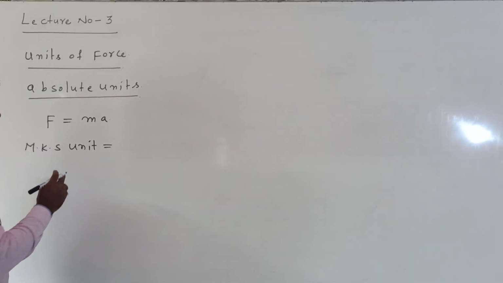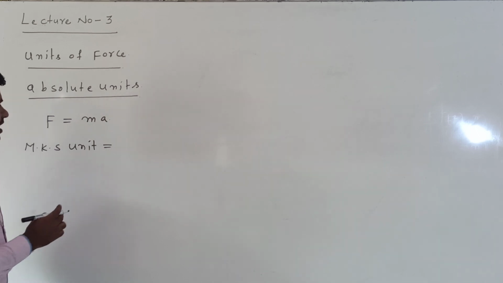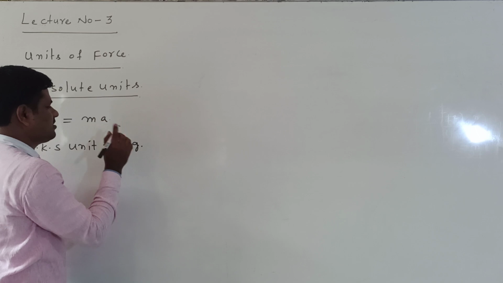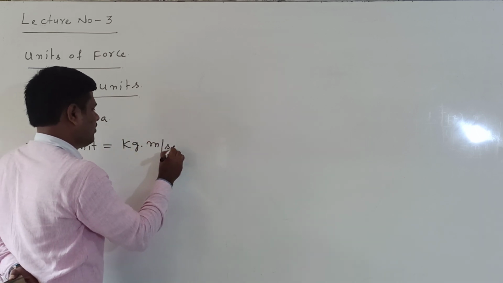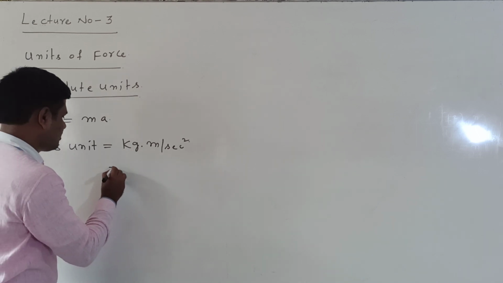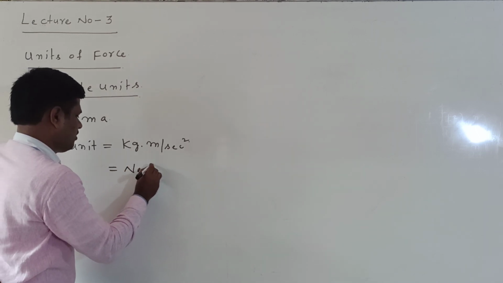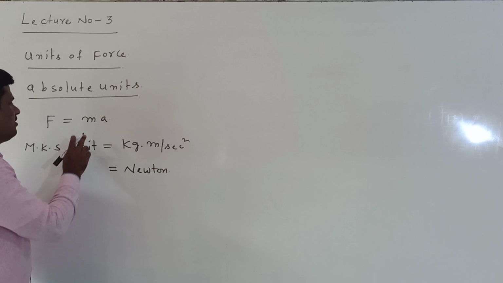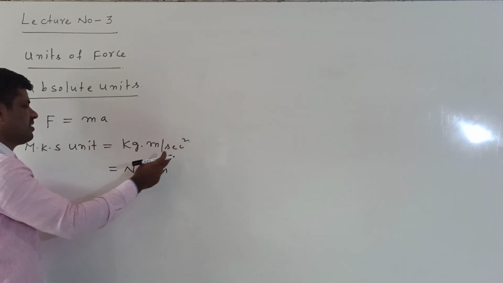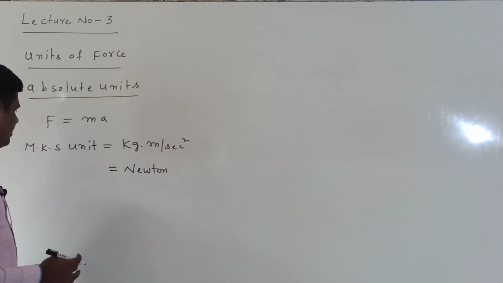The MKS unit is: mass unit is kg, acceleration unit is meter per second square. So kg into meter per second square is also called a Newton. This is 1 Newton.